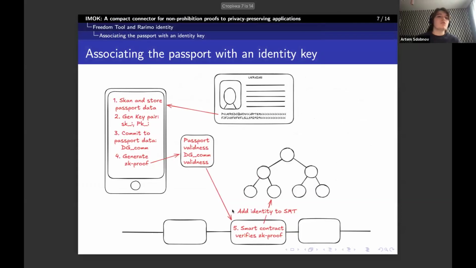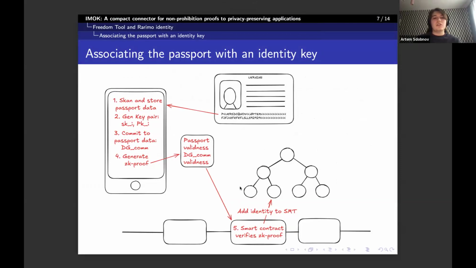Okay, so how does digital identity based on a passport work? We can scan and store passport data in our mobile phone by reading the machine readable zone that I've mentioned before. Then I generate my own key pair in some blockchain.